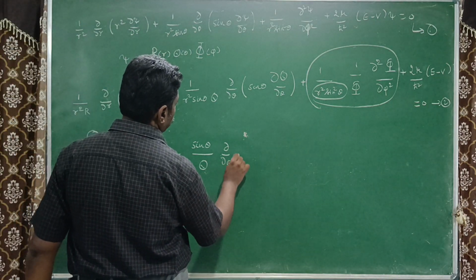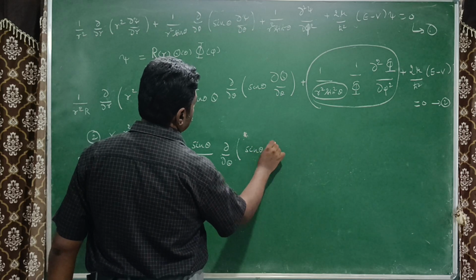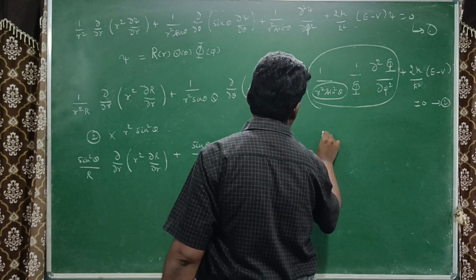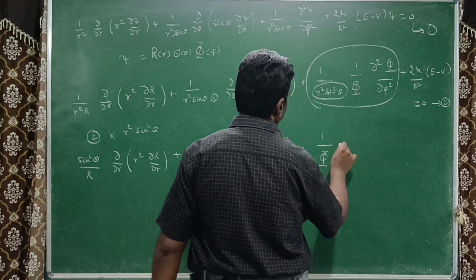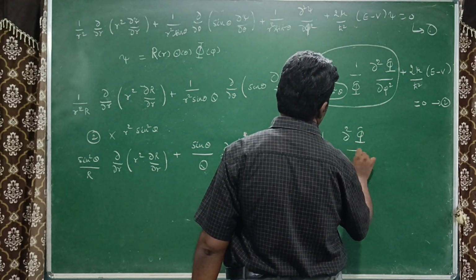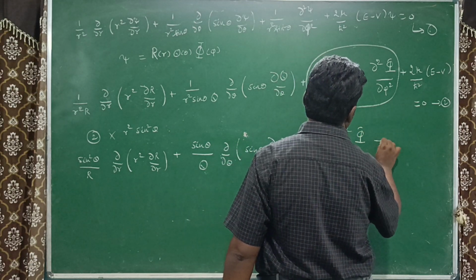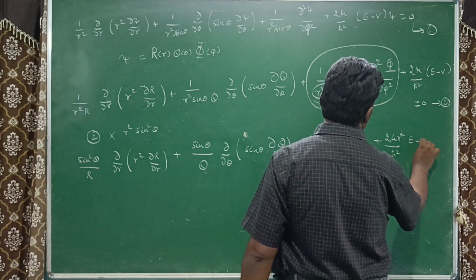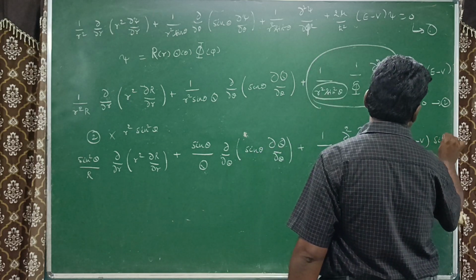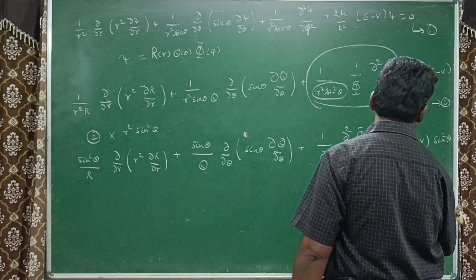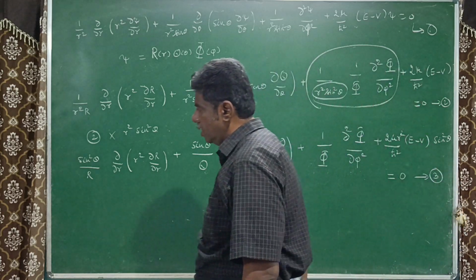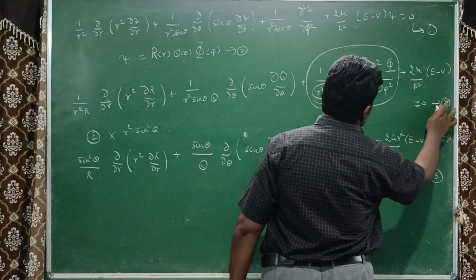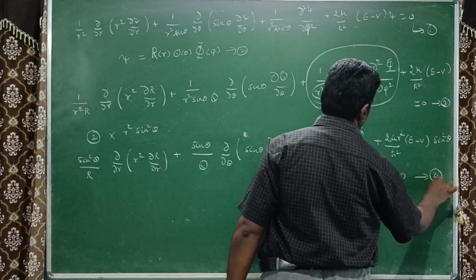Then dou by dou theta of sin theta dou capital Theta by dou small theta, plus 1 divided by capital Phi dou square capital Phi divided by dou phi square, plus 2 mu r square by h cross square into (E minus V) sin square theta, entire is equal to 0. Say this is equation number 3. Not 3, say this is 2. This is 3. This is 4.